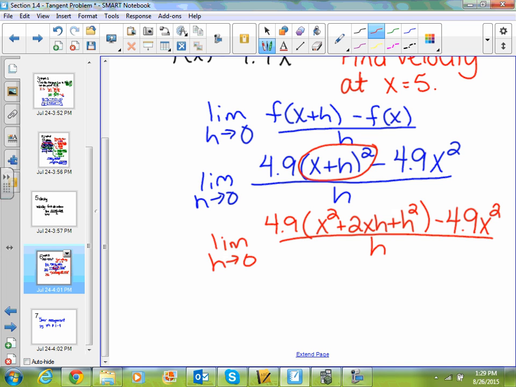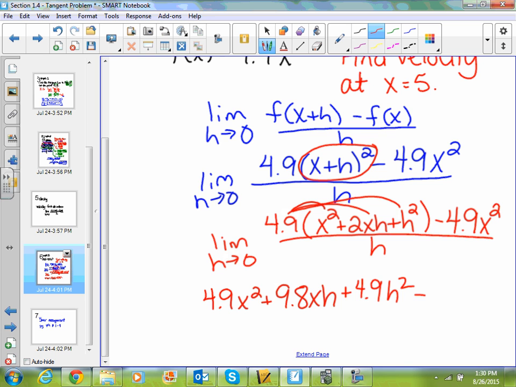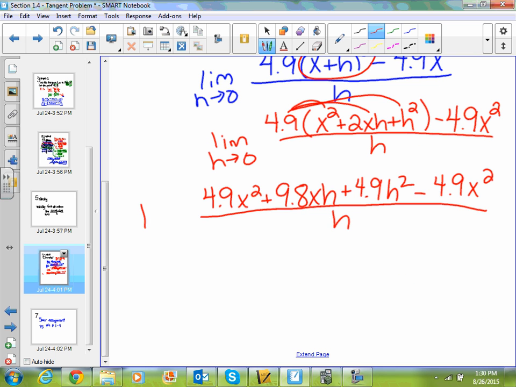If I distribute my 4.9, I get 4.9x squared plus 9.8xh plus 4.9h squared minus 4.9x squared, all divided by h.